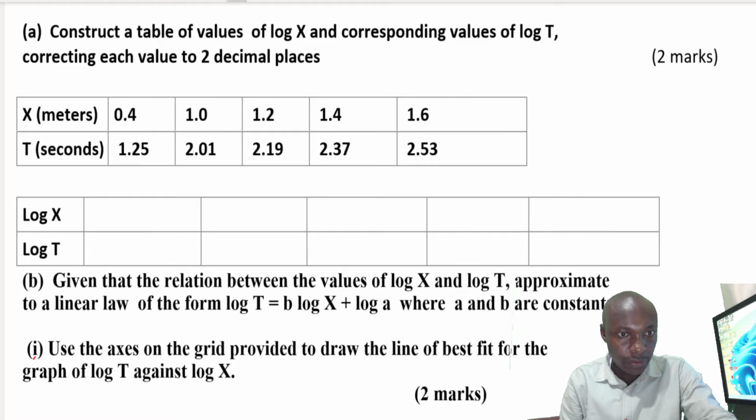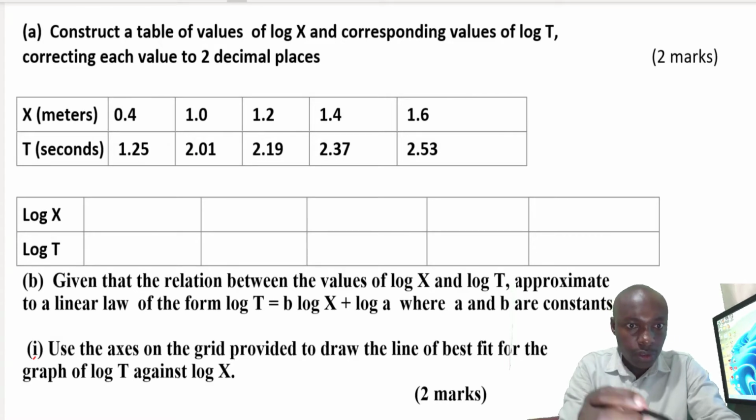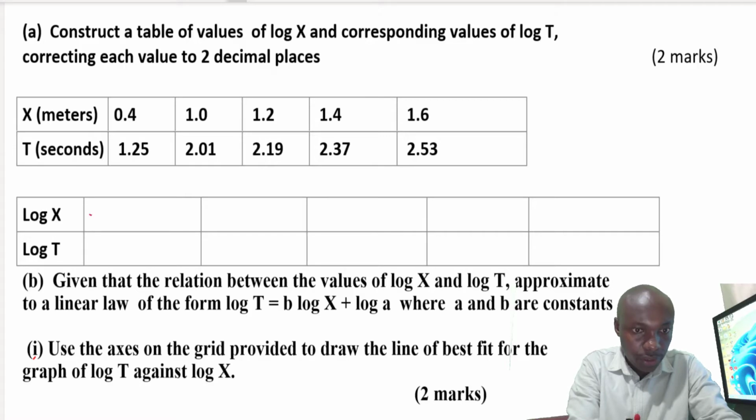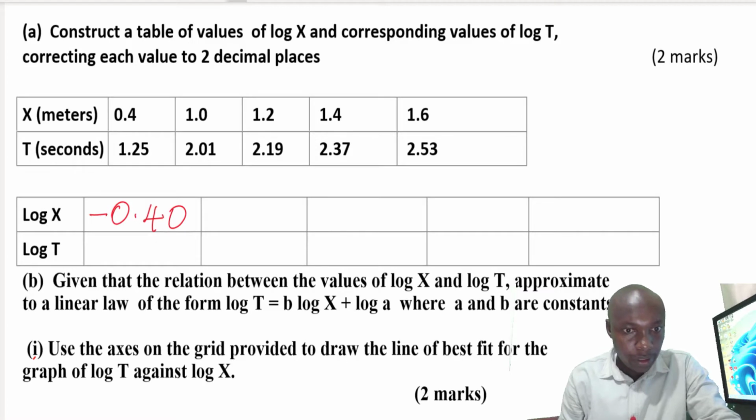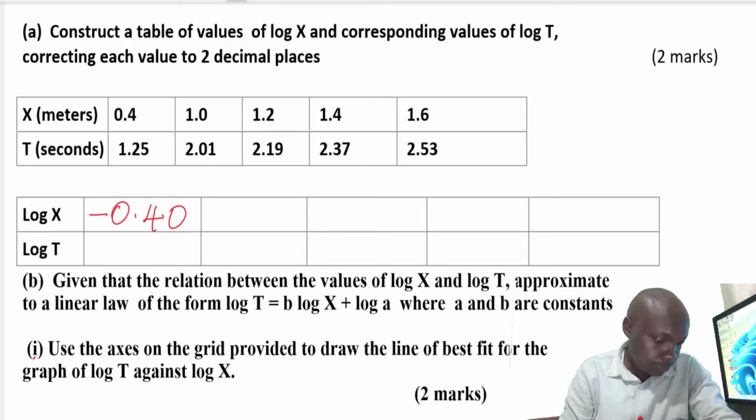Logarithm of x, the first value of x in meters, 0.4, will be -0.40. Then logarithm of 1, which is 0.